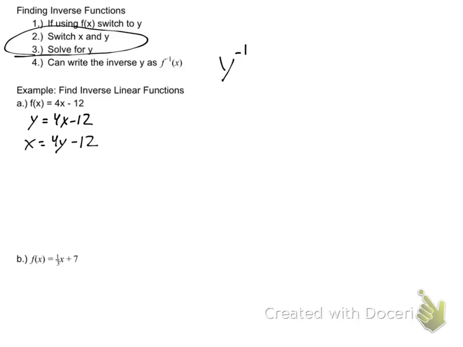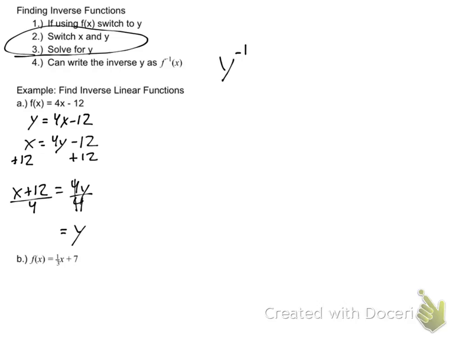And how do we do that, guys? Add 12 to both sides. So it's x plus 12 equals 4y. Get y by itself? No. Divide both sides by 4.